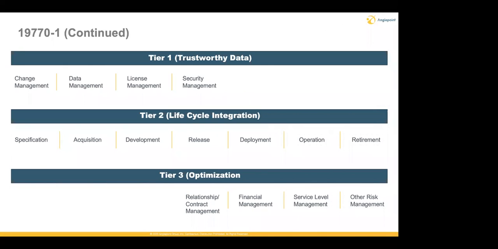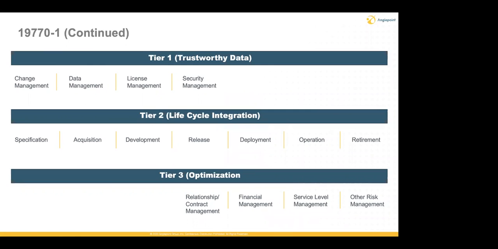Change management, data management, and license management probably come as no big surprise, but as you can see, security management is also part of the first tier because of its critical importance to ITAM, as we will discuss in a bit. Then Tier 2 is essentially made up of the 7 lifecycle processes, and achieving them means you have integrated ITAM within the asset lifecycle.